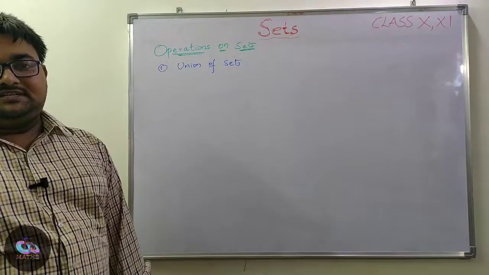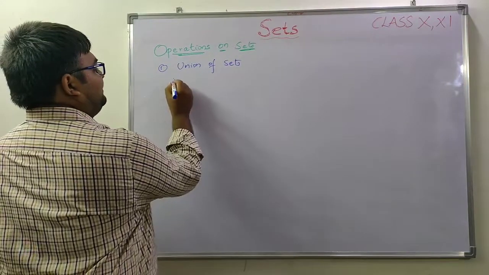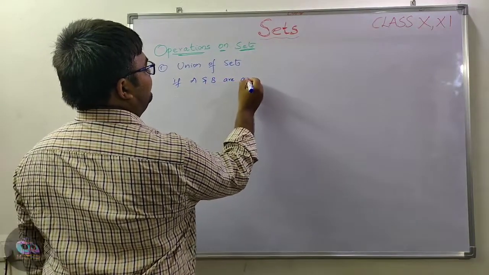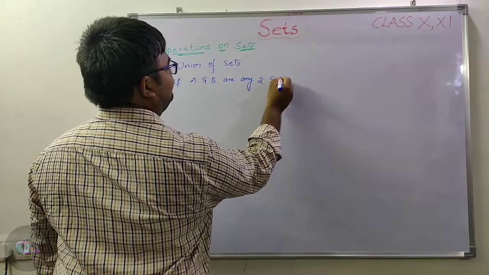So in union of sets, we need to see if A and B are any 2 sets.